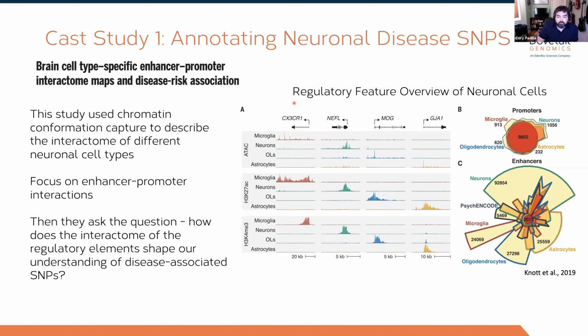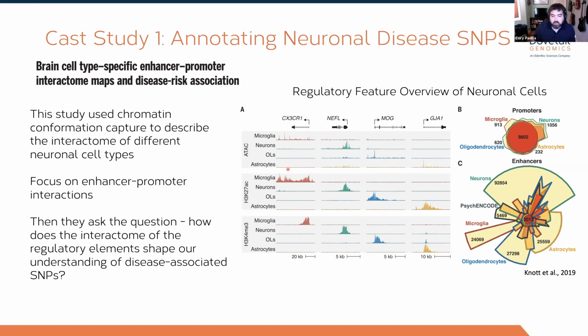So here they used a combination of ChIP-seq, GWAS data, and what's known as HiChIP, which is this Hi-C-like data type, to really ask the question of what enhancers and promoters are doing and how we can use that information to better understand these disease-associated SNPs.